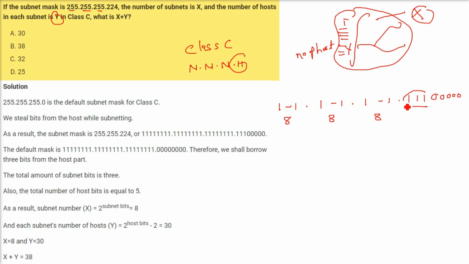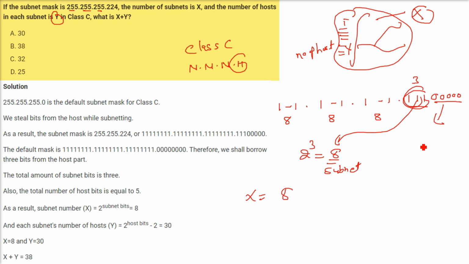We have borrowed 3 bits from the host, and whenever we borrow these ones from the host, they are going to be subnets or networks. So 2 to the power 3, which is 8, is the subnet count. 2 to the power the number of borrowed bits is the subnets. X is 8.